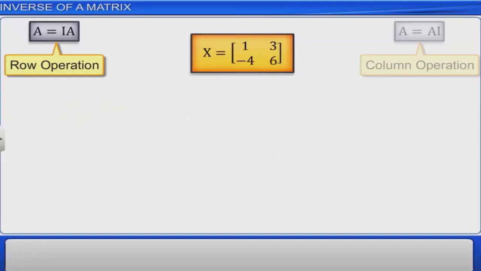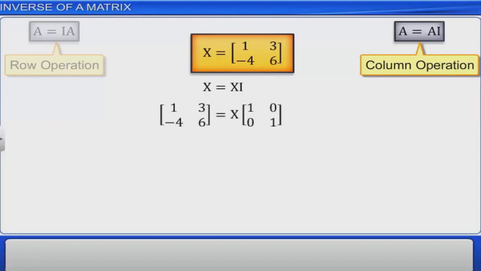Now, we will obtain the inverse of the same matrix X using column operations. When we want to perform column operations to find the inverse, we should express matrix X as X multiplied by the identity matrix.